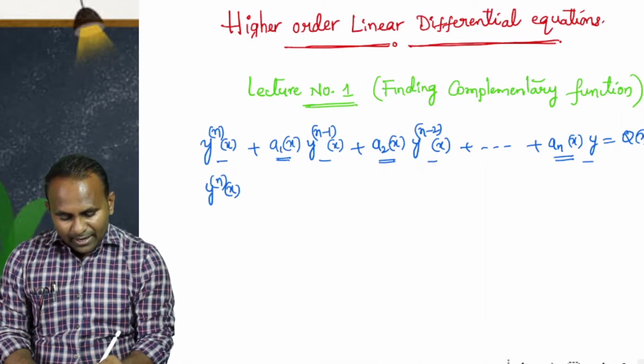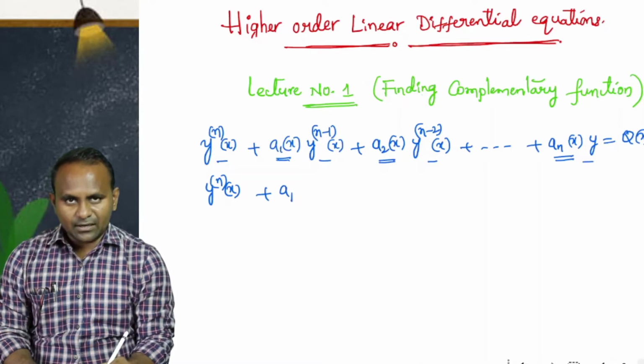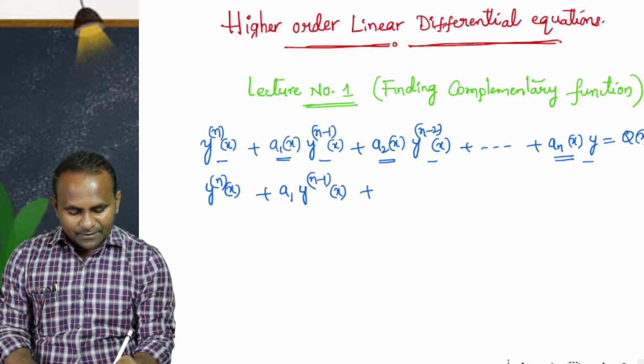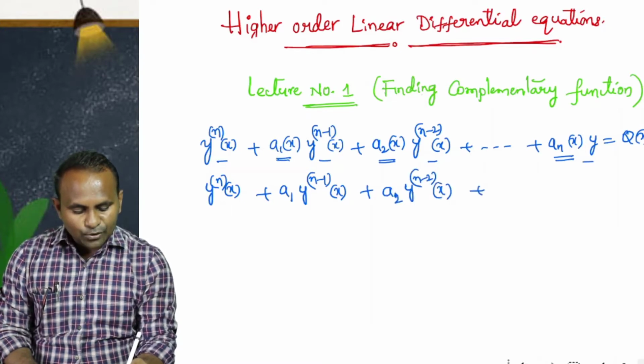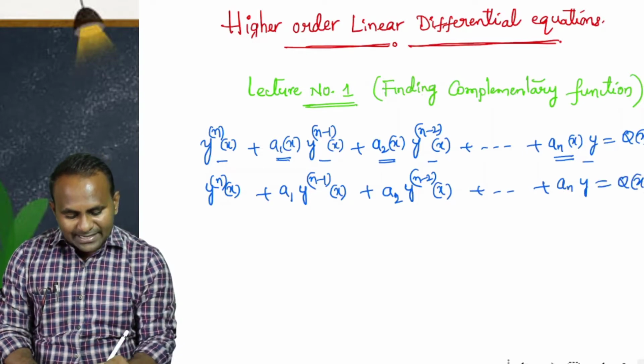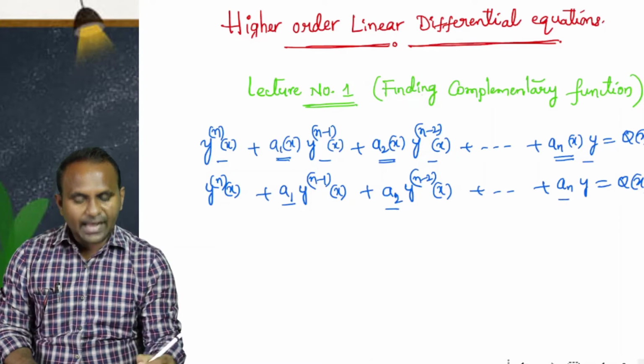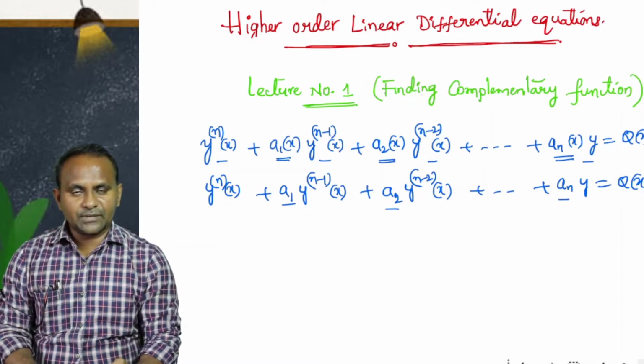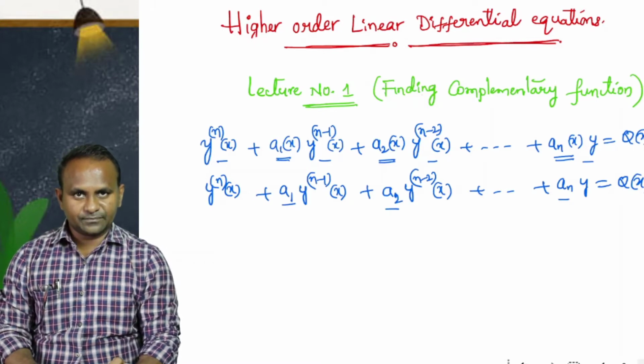Nth derivative of y plus a1, a constant, not a function in terms of x, it's a constant, into the n minus 1th derivative of y, plus a2, a constant, into the n minus 2nd derivative of y, plus and so on, plus an into y is equal to q, where all these a1, a2 and so on up to an are constants. This is a linear higher order differential equation with constant coefficients. The coefficients of the derivatives are constants.